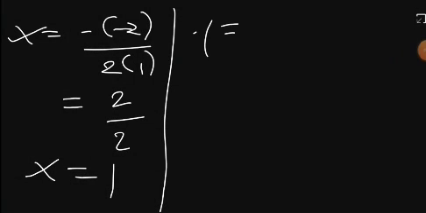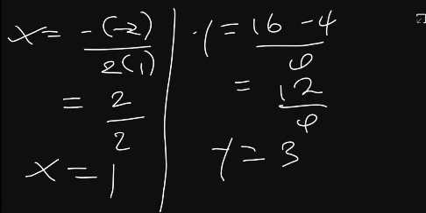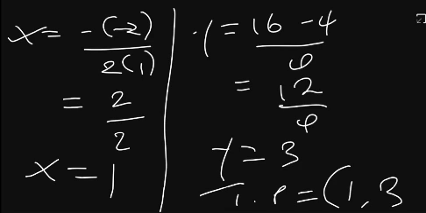So y is 16 minus 4 over 4. 16 minus 4, that is 12 over 4. So y is equal to 3. So our coordinates of the turning point, I can say TP, it's (1, 3).